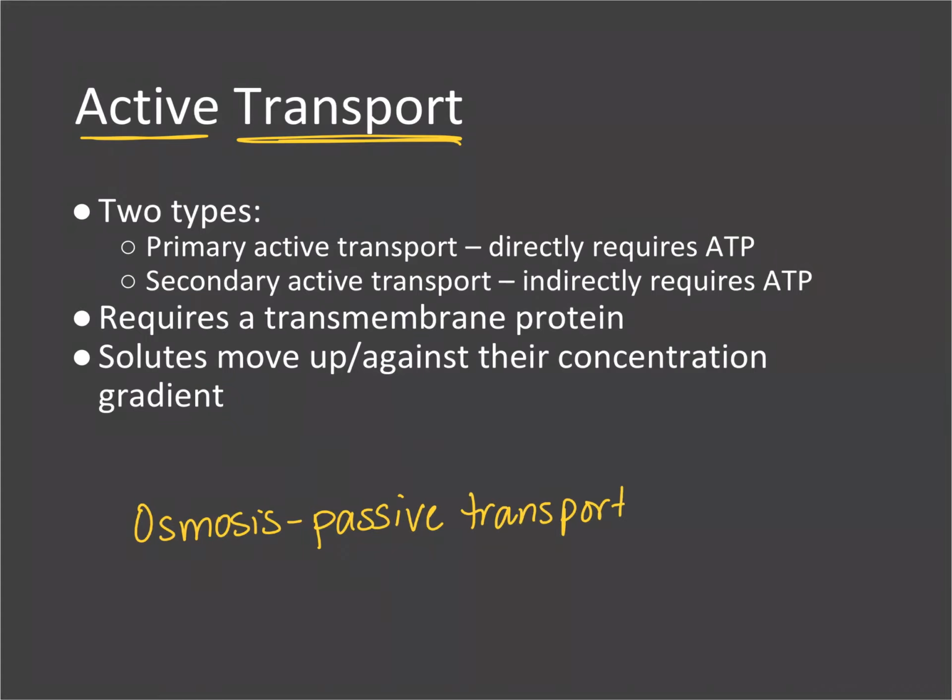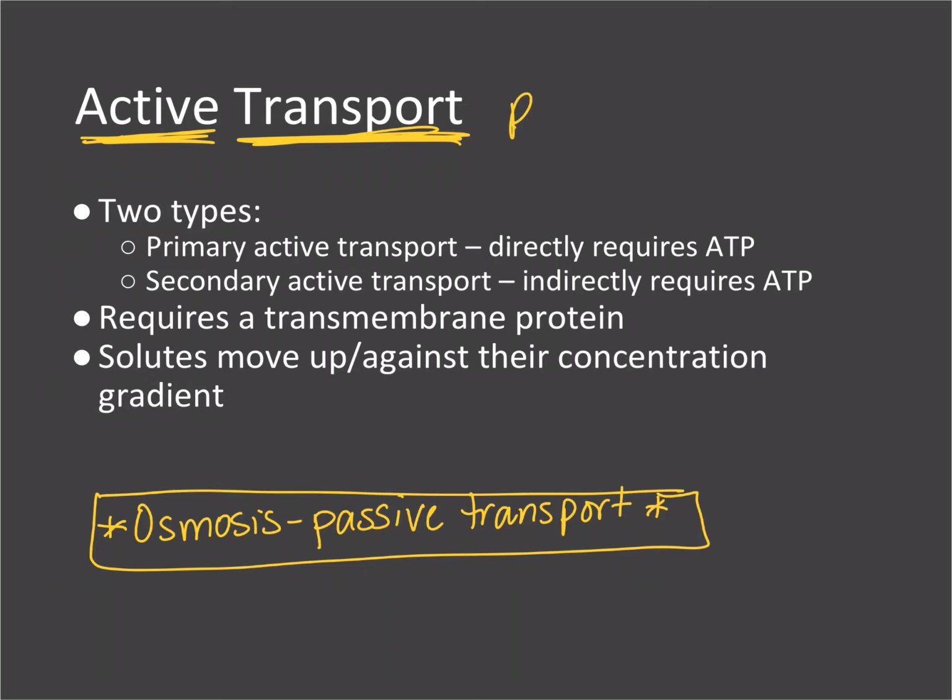But right now we're going to focus on our active transport. And remember that the main thing about active transport is that it requires ATP. So it requires that energy in order to occur.